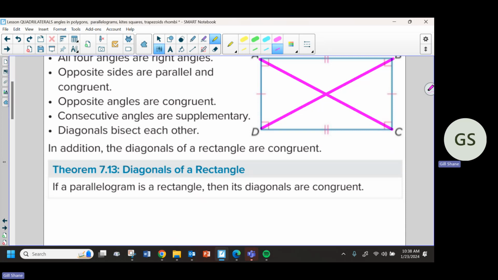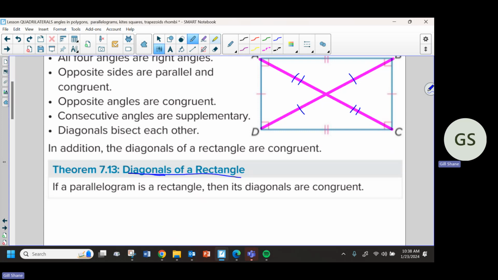What's true if it's a parallelogram and we draw in diagonals? We know they bisect each other. The next part is what we're adding to it. Not only is that true for a rectangle, which is true for every parallelogram, there's a new thing true just for rectangles. That's this.